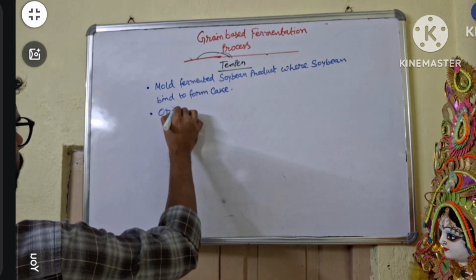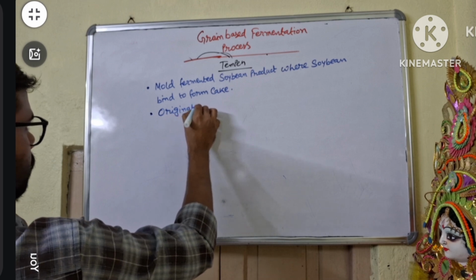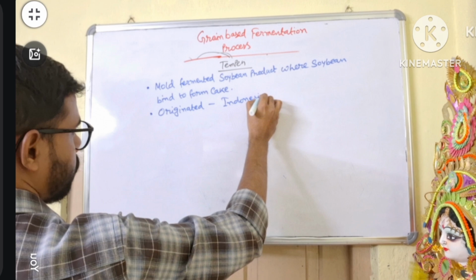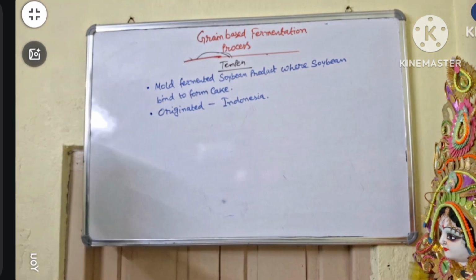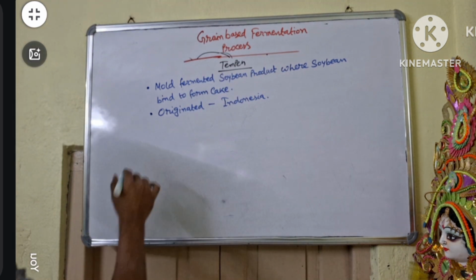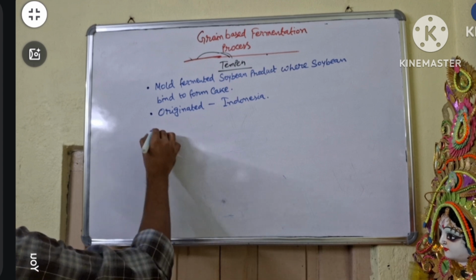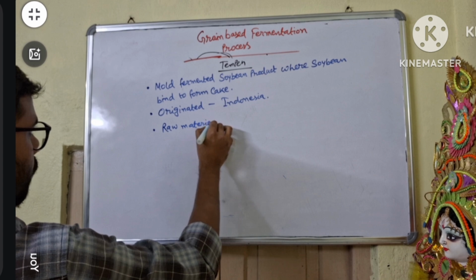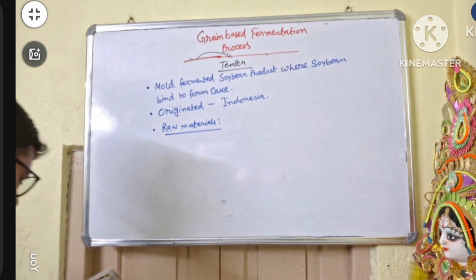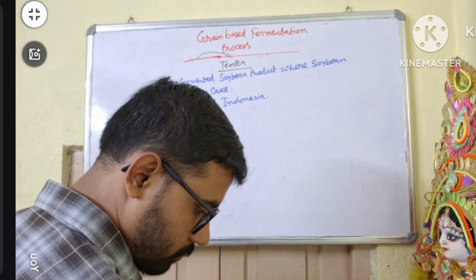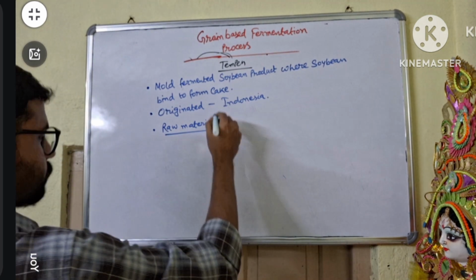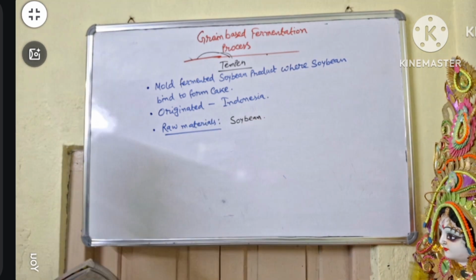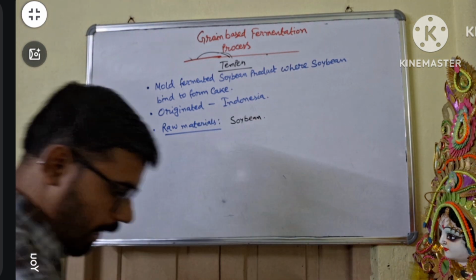Tempeh originated in Indonesia. It is an Indonesian food. Raw materials: simple, just soybean.